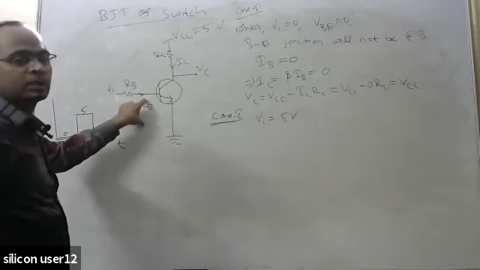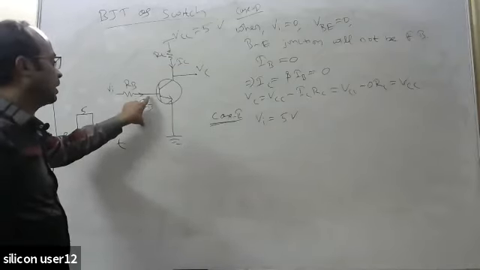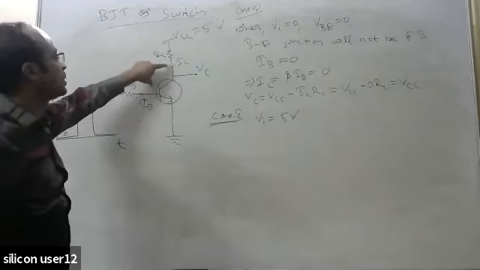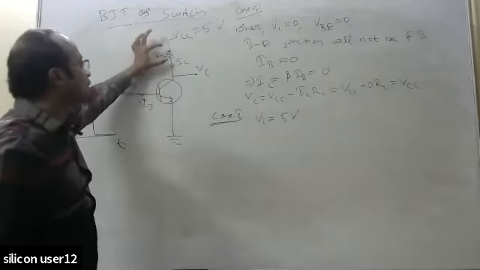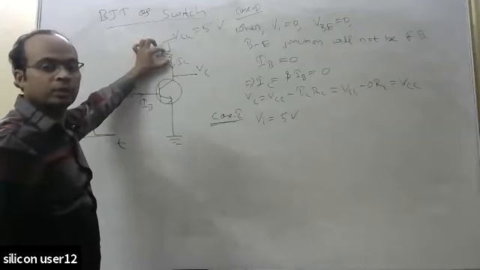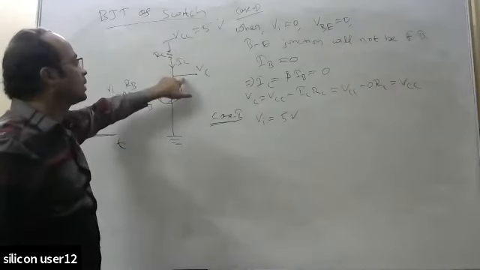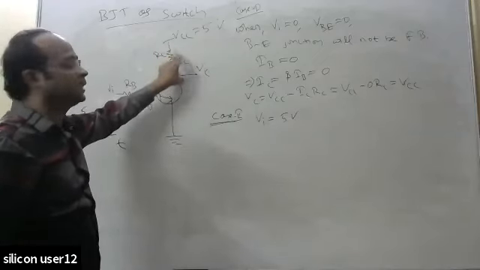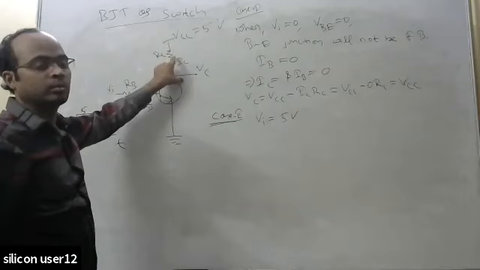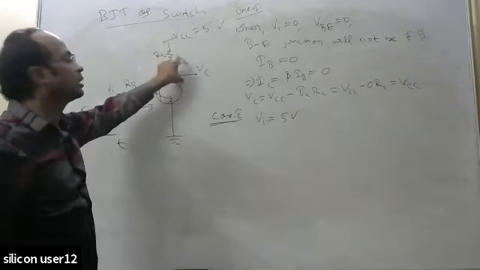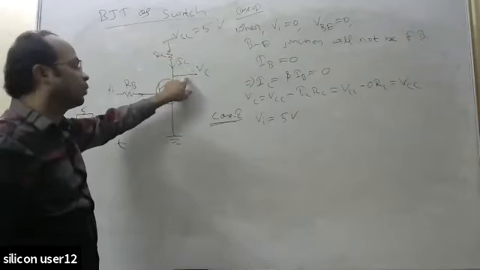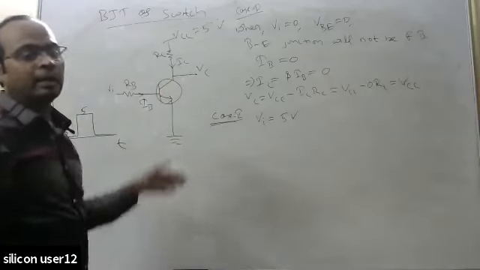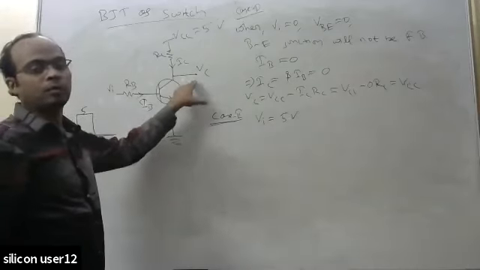If IB is large, then IC will also be large. If IC is large, the drop across RC will be large. VC equals VCC minus IC RC. Since IC is a large quantity, VC will obviously be a low quantity, and it can go down to a minimum of 0.